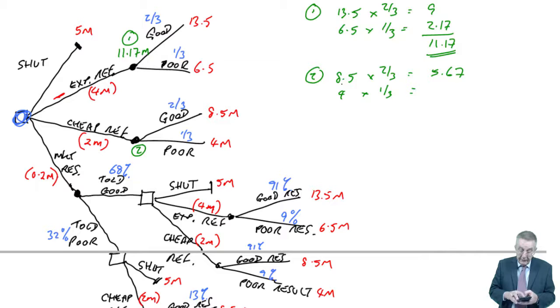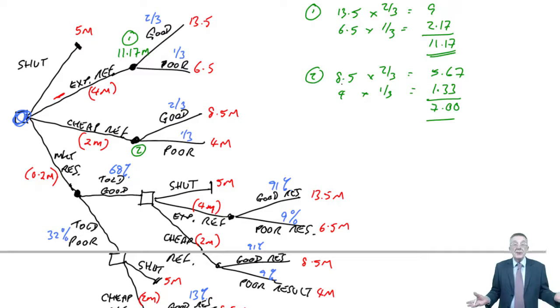Let me check that, 8.5 times 2/3. Yeah, 5.67, or 4 times a third, 1.33. An expected 7. I'm not going to repeat all the logic of that again. But it does mean that if we choose cheap, we will pay out 2, and we'll get back an expected 7. So a net 5 million, 7 minus 2.